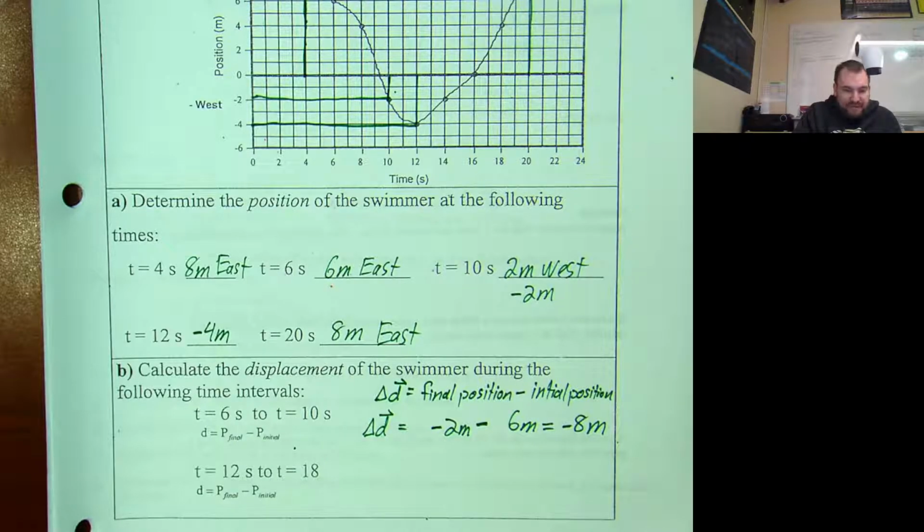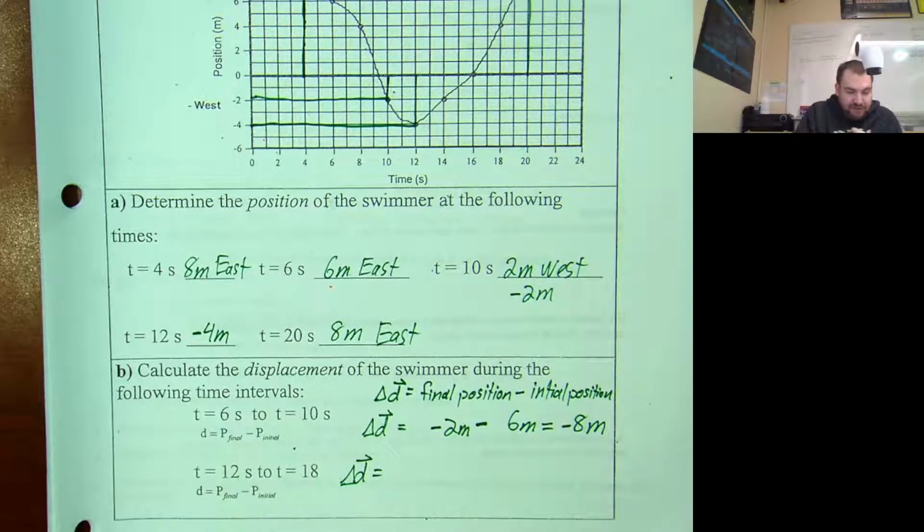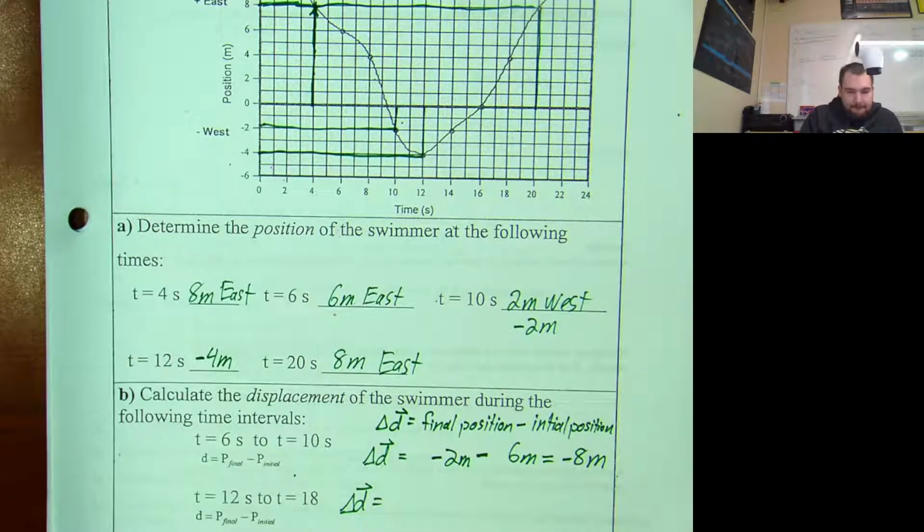How about 12 seconds to 18 seconds? Displacement is change in position. What is the change in our position from 12 seconds to 18 seconds? What's our final position at the 18-second mark?